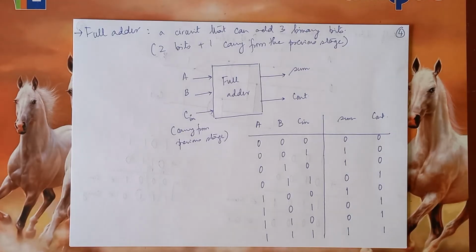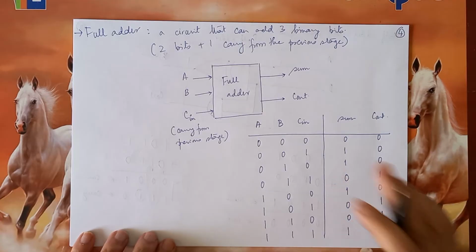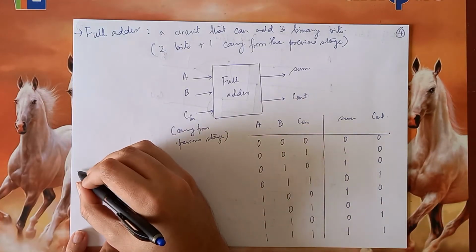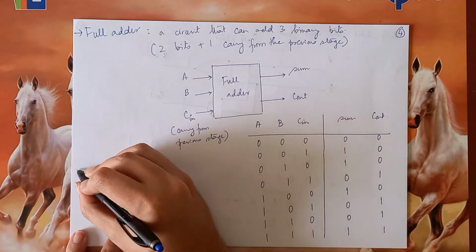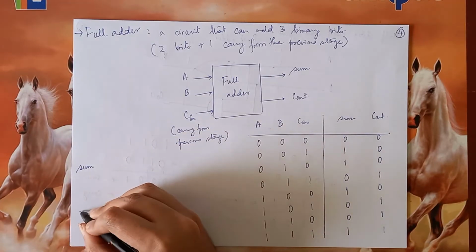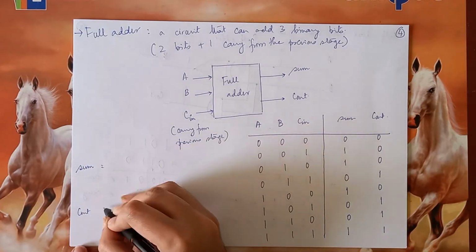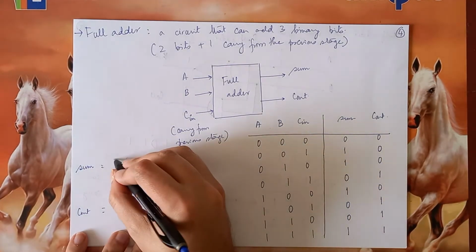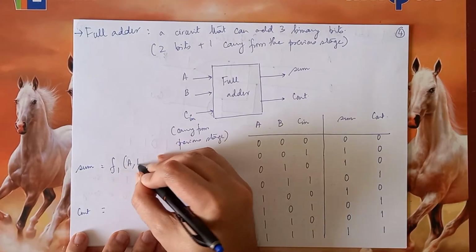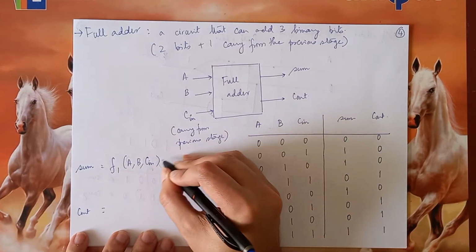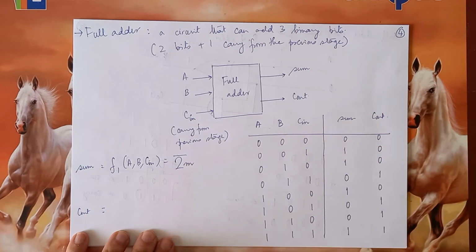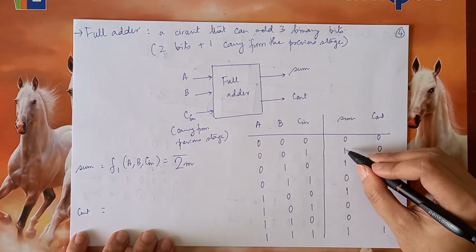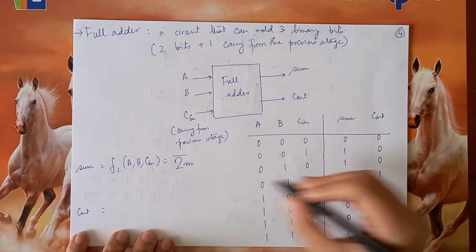So if we were to write the sum and the C out in the condensed form, let us say sum is some function F1 of A, B and C in, and that is having the minterms at 1, 2, 4 and 7.